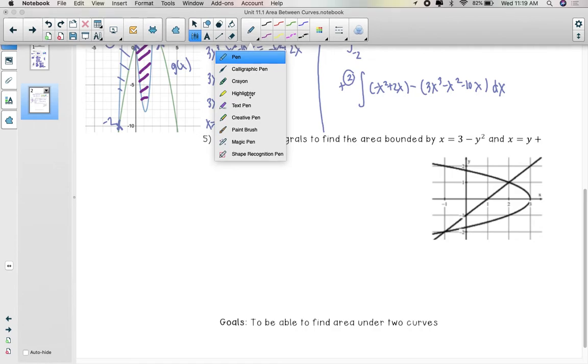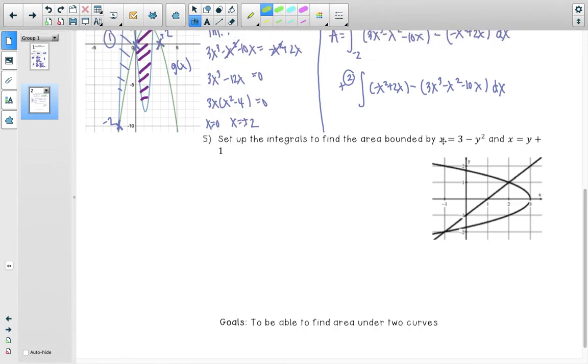So usually that's a really good sign that you're not going to be using the x-axis, you're going to be using the y-axis to bound it. But I'm going to explain why.